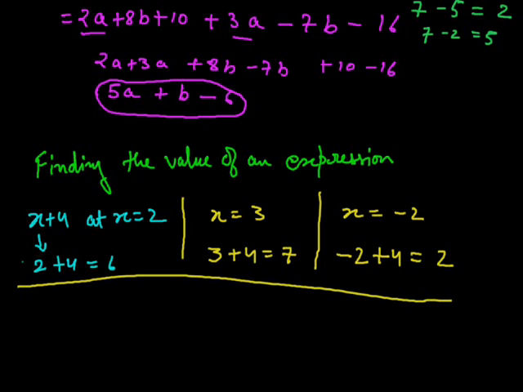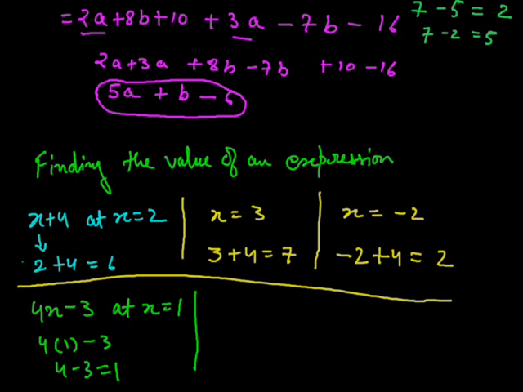Let us see another example. To find the value of 4x minus 3 at x equals 1, we have to just put the value of x as 1. Now 4 into 1 will be 4, minus 3, which will be equal to 1.